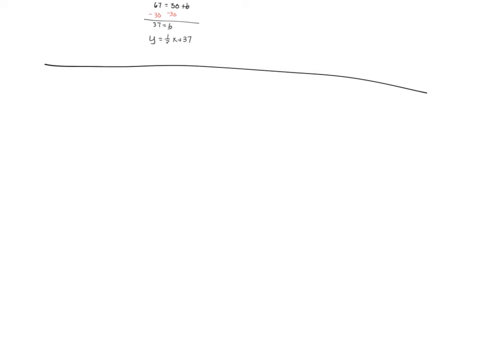It says, according to the linear model, Lorraine would have to study at least how many minutes per day in order to receive at least a 90 on her weekly exam. Remember that 90 was our output, so it would have to be greater than or equal to: 1/2 x plus 37 is greater than or equal to 90.